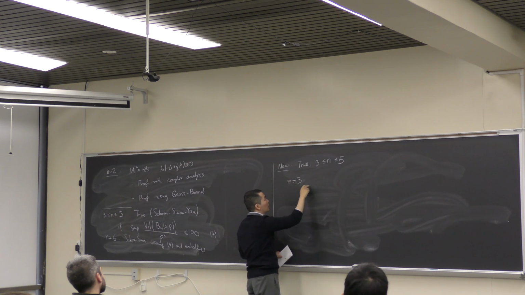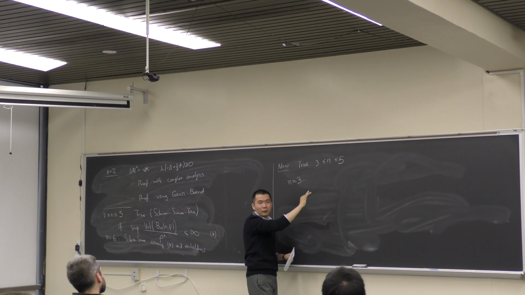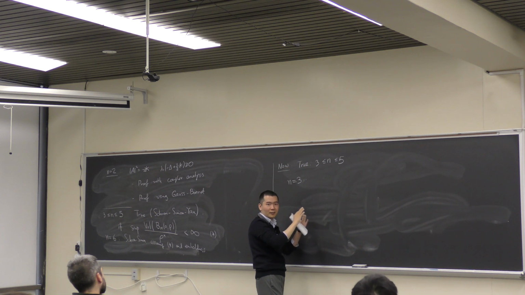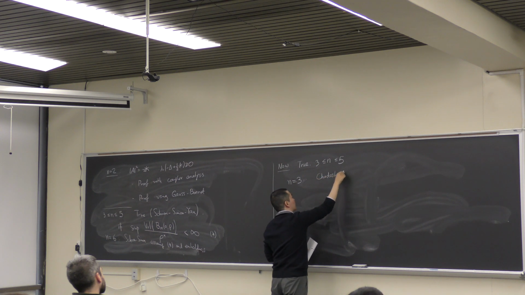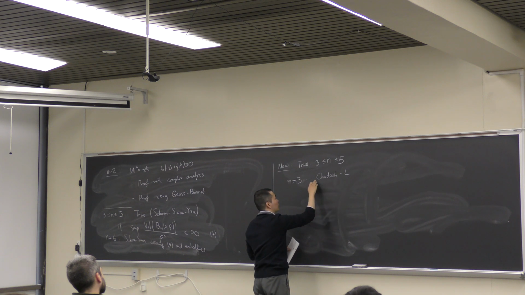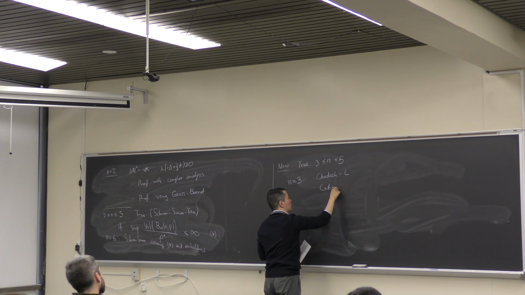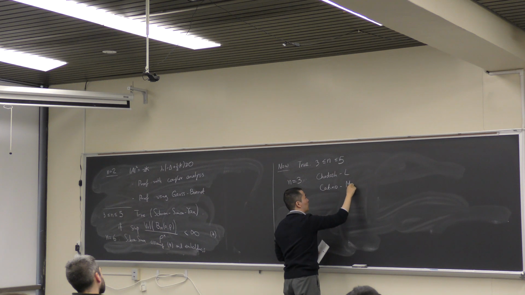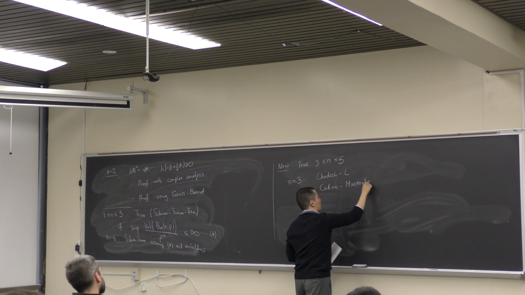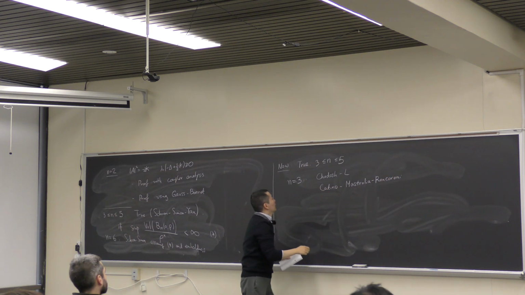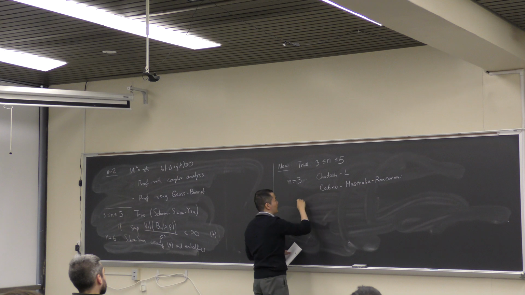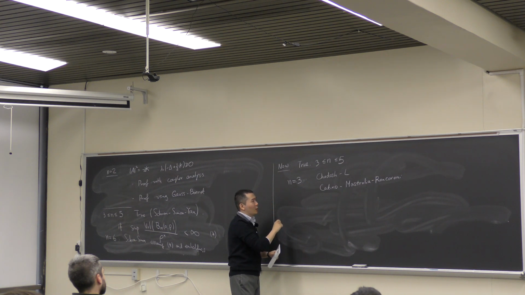When n is 3, we had three different, entirely different proofs. The first one was done by Otis Chodosh and myself. The second one was also due to us, and the third proof was due to three Italians, Catino, Mastrolia, and Roncoroni.